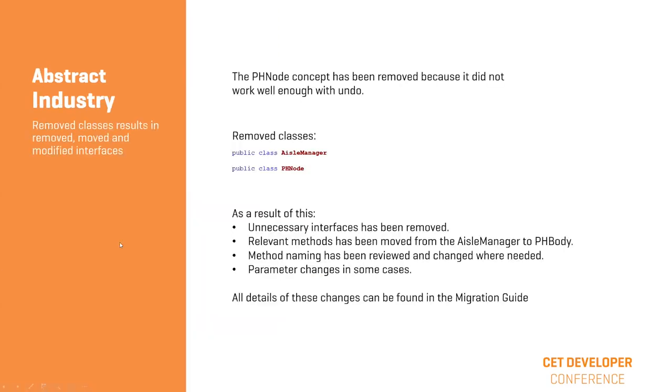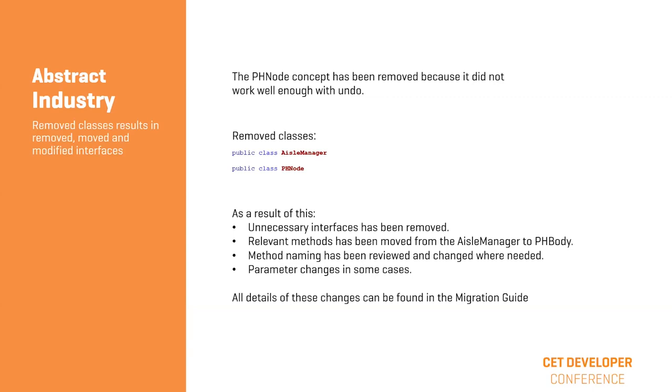When it comes to abstract industry, there has been a removal of a concept called pH node. The reason for this is that this concept did not work well enough with undo. As a result of this, there are two classes that have been completely removed. One is aisle manager and the other one is the pH node class.